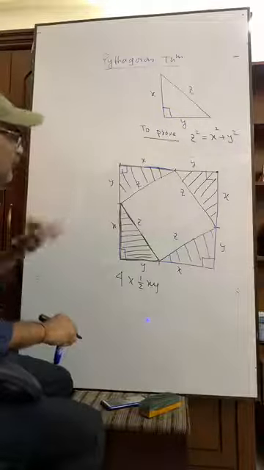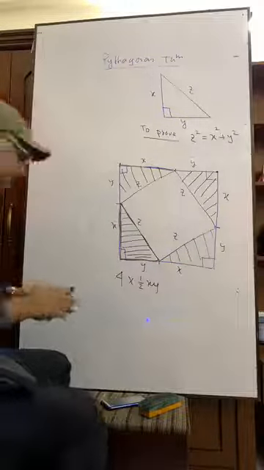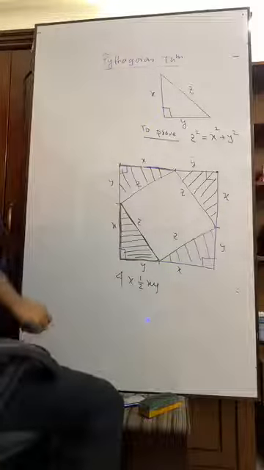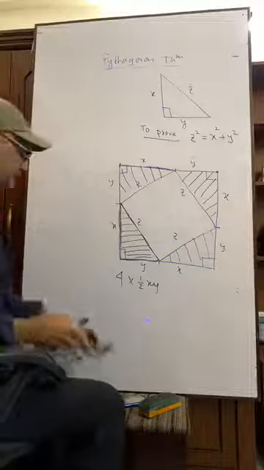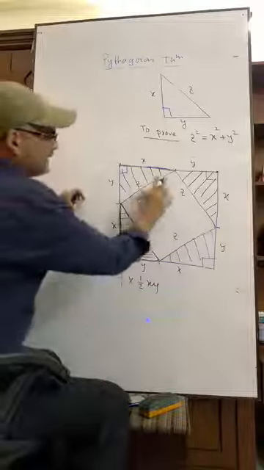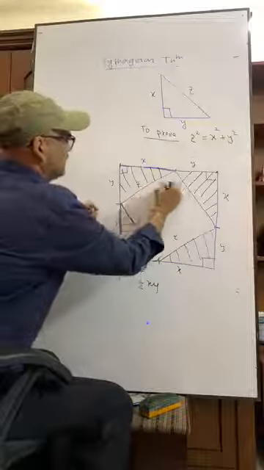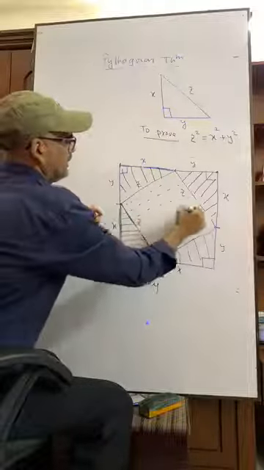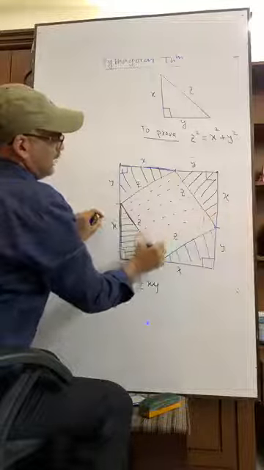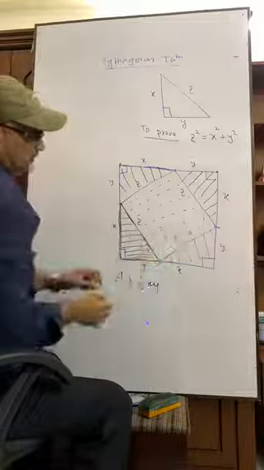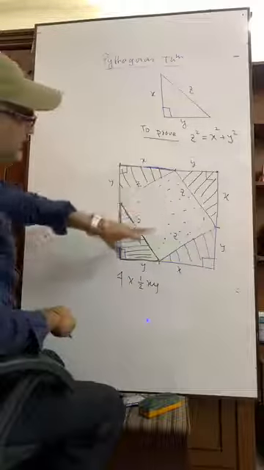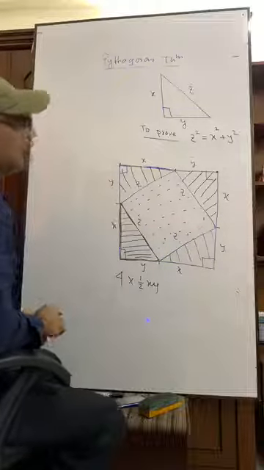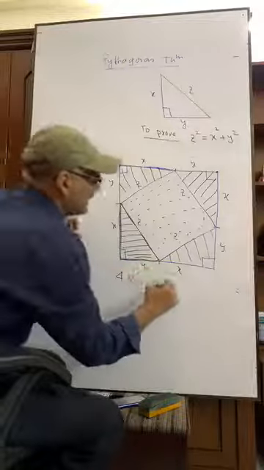Now, suppose the area of this part. This is a square, and the length of all its sides is z, right? So its area will be z square.